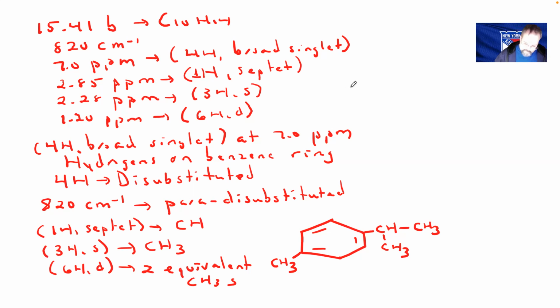Now, let's talk about the hydrogens on the ring. All 4 hydrogens are not equivalent. The one on the top carbon and the one on the bottom right carbon are equivalent. The one on the upper left and the bottom are equivalent to each other. So for A, we'd have two hydrogens. What about the splitting? Pick one. Here's the carbon it's attached to. Visit this neighbor, visit this neighbor.